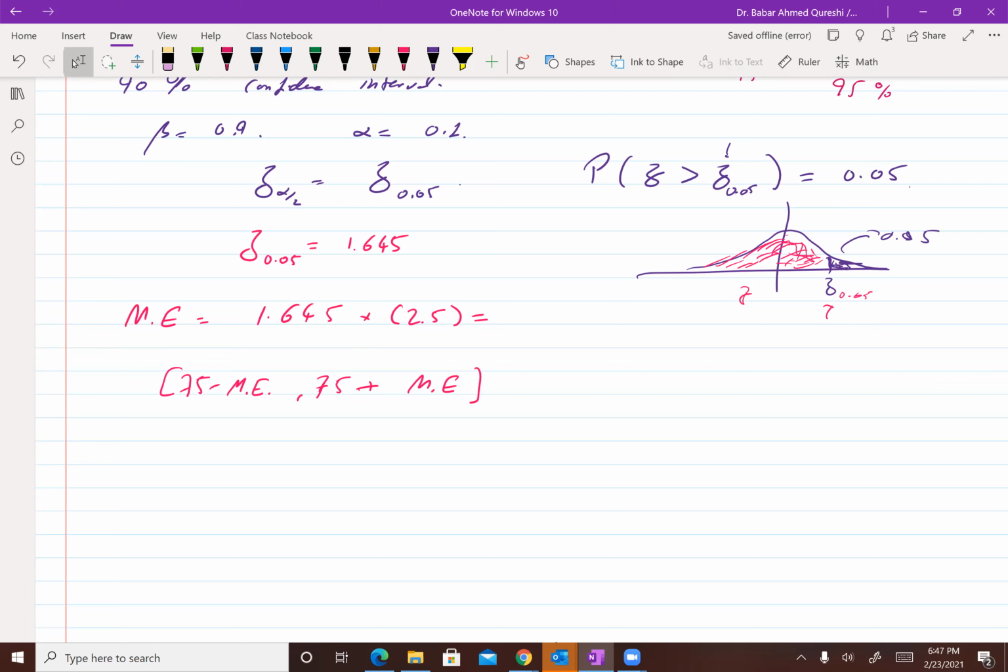If we make a lot of samples, every time you make a sample, you will start with a different X bar. So every time the size of this confidence interval would be the same, but it would be positioned differently.